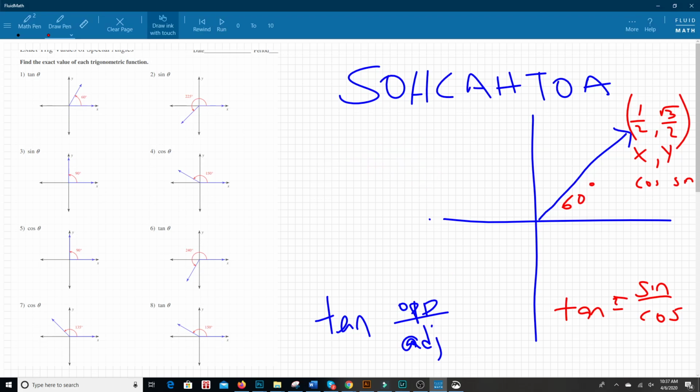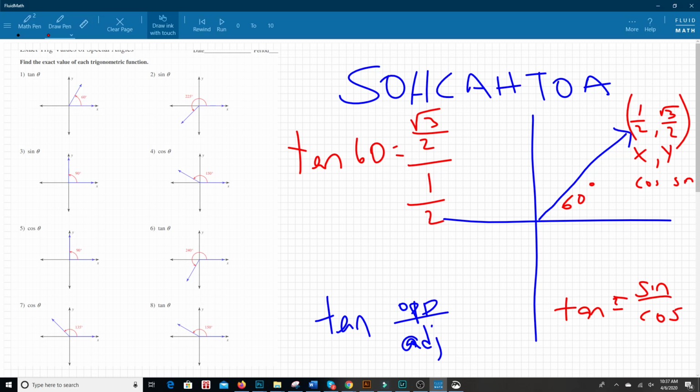So we're going to have tangent of 60 degrees equal to sine over cosine. Our sine is represented by y, so radical 3 over 2 over 1/2.